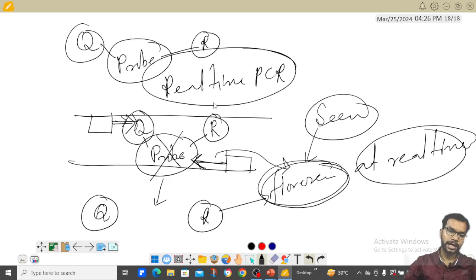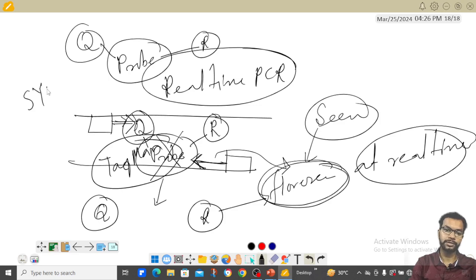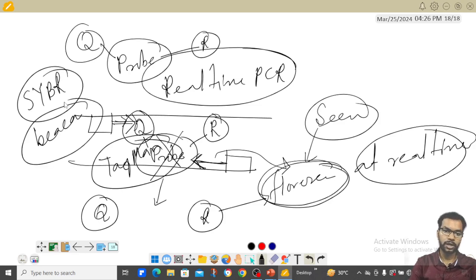There are different markers used in real-time PCR apart from this TaqMan probe, like SYBR Green and molecular beacon. So these are different types of markers. In this example, what we have seen is the example of the TaqMan probe.